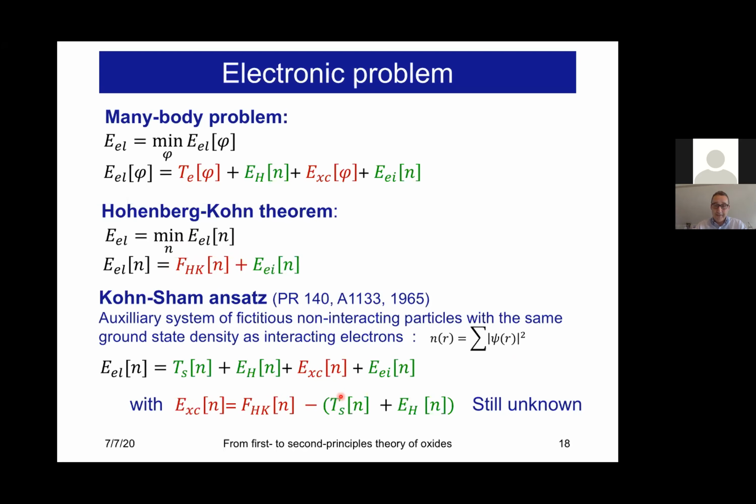When you extract these two things, you get something that becomes a very small contribution to your energy. And so if you make a correct estimation of this, or even an approximation, you will still get something very reasonable to some extent.